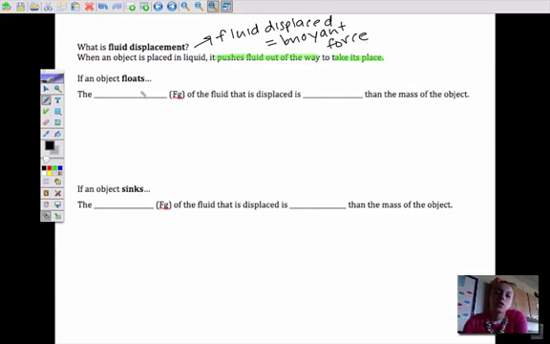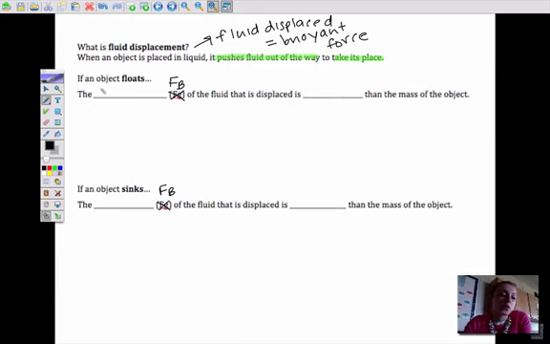So what happens, what do the forces look like if an object floats or sinks? Well, first of all, we need to fix a typo. This is not F of G. This is going to be FB. Same thing down here. My deepest apologies.